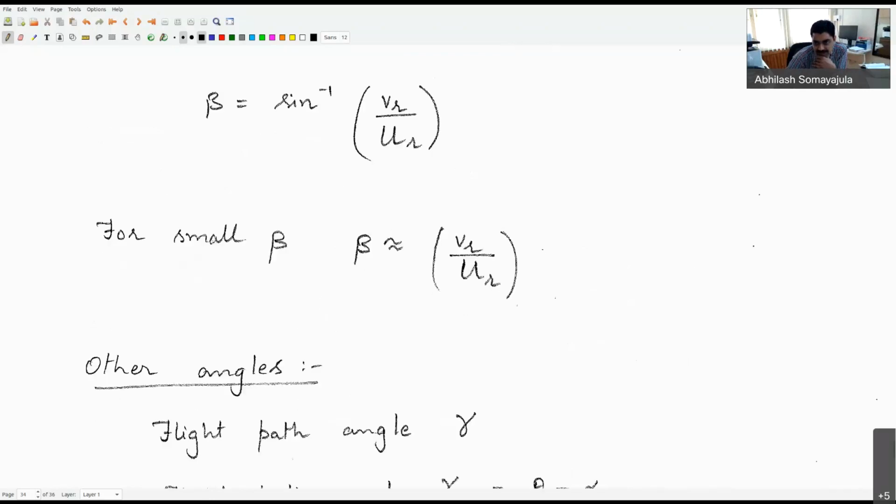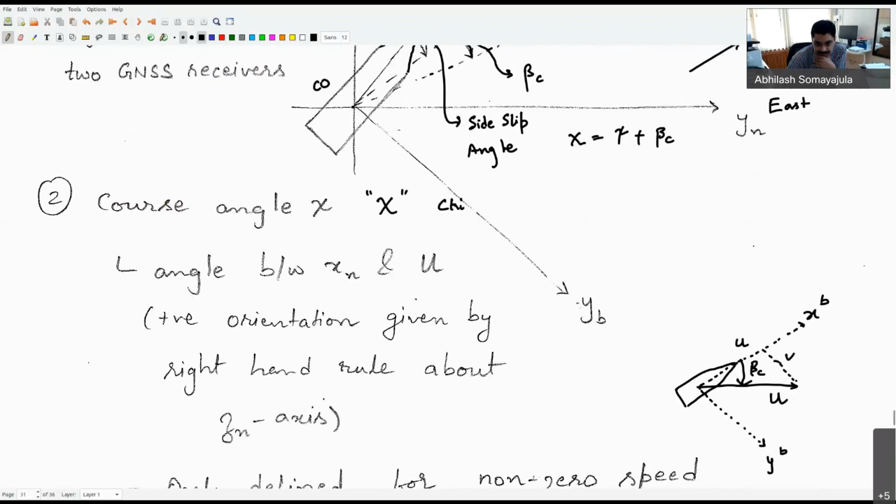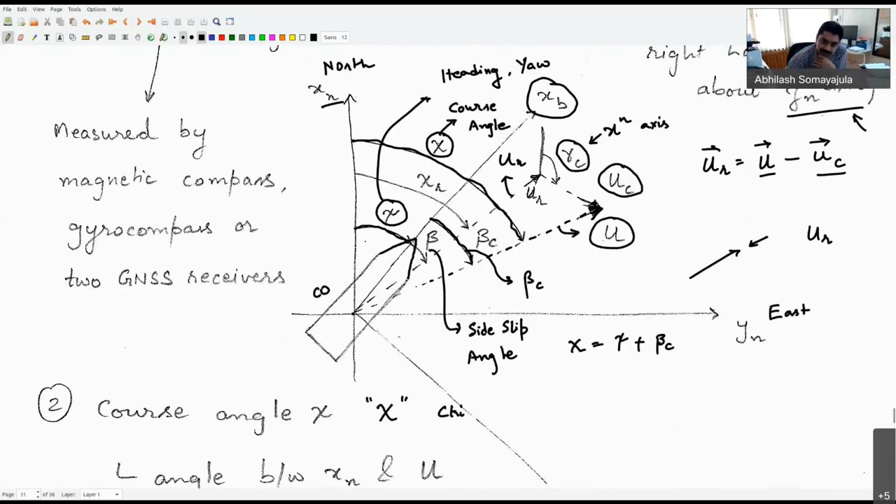So let me go back to the picture here to make it clear. The course angle chi is defined as the angle between the x-axis of the NED frame and the absolute velocity of the craft. But if I took the angle to the relative velocity of the craft, that is the relative course angle. That is what you see here. Is that clear for everyone?